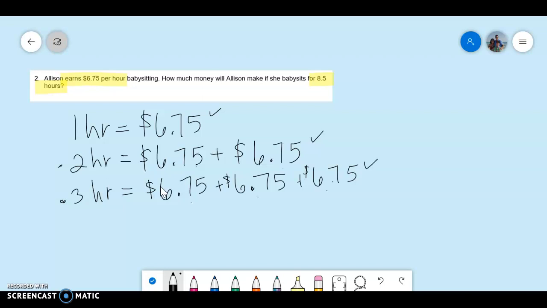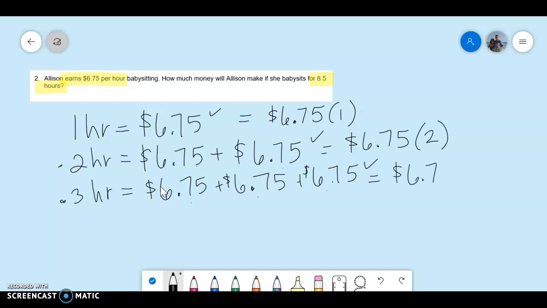So a shortcut would be to take the $6.75 and multiply it 1 time for 1 hour, or multiply it by 2 for 2 hours, or multiply it by 3 for the 3 hours.